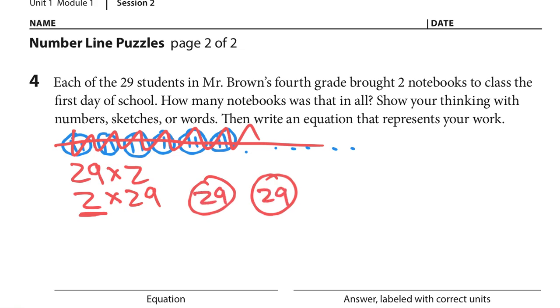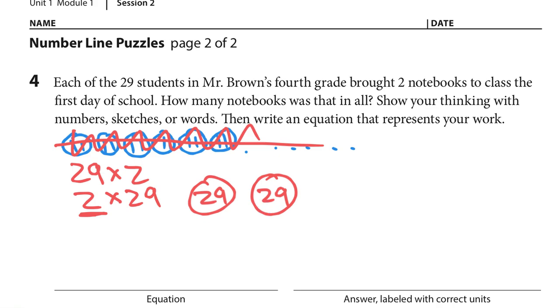You're going to get the exact same answer. This is called the commutative property, and we'll learn about it a lot in class. But for now, if you have the opportunity to do less work, do it. You could count 2 29 times, or you could flip it around and count 2 29s.